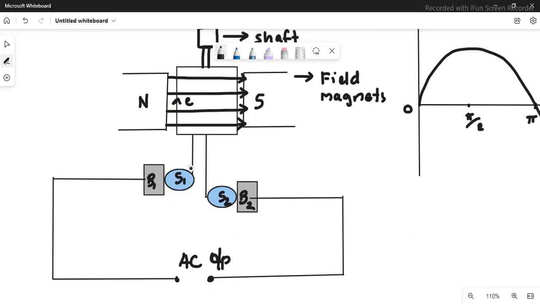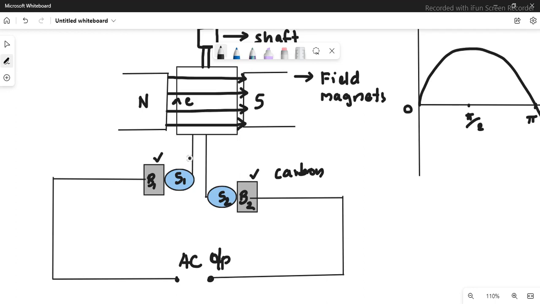Here, the current or the EMF generated, as I said, is an alternating current. The current will pass through these slip rings. The EMF induced in these slip rings is taken outside by means of two brushes made of carbon. B1 and B2 are carbon brushes which just touch the slip rings S1 and S2.